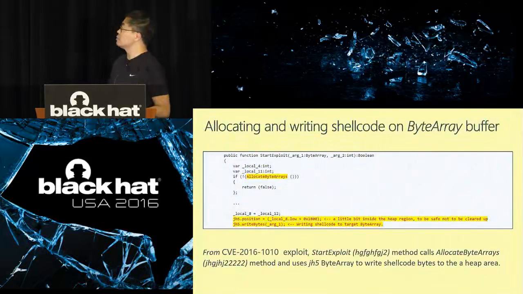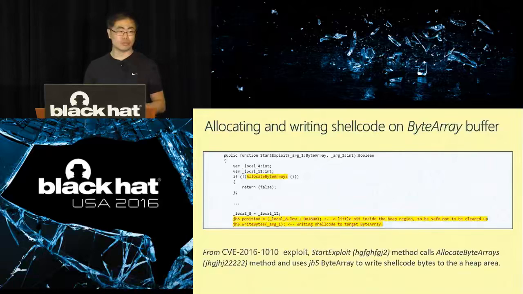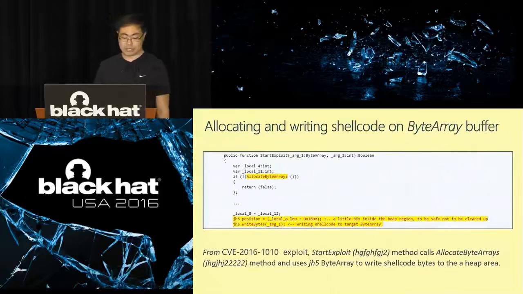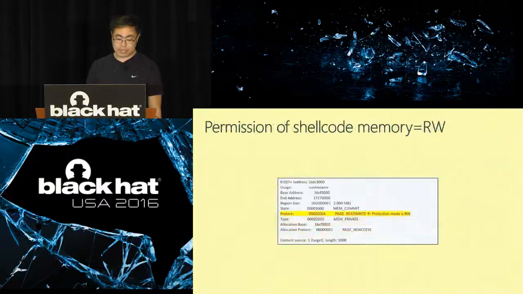As we talked about, a byte array can be abused to read or write to some specific location, and you can acquire the actual address out of it. For example, CVE-2016-1010 calls an allocate byte arrays function to allocate two buffers.